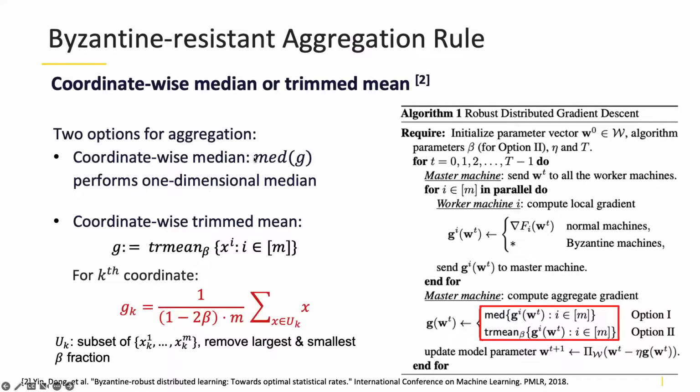For coordinate-wise median, it computes the standard one-dimensional median of each element given the updates from all clients. For coordinate-wise trimmed mean, it first removes the largest and the smallest fraction of the coordinates among all clients, and then takes an average.